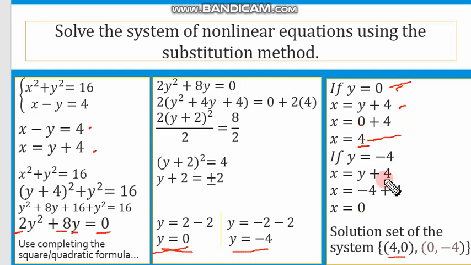Since 4 is the x and its partner y is equal to 0, 4 is the abscissa, 0 is the ordinate. While if y is equal to negative 4, the same process: x is equal to y plus 4, so negative 4 plus 4 is 0. Our x is 0, so the next pair is 0 and negative 4.